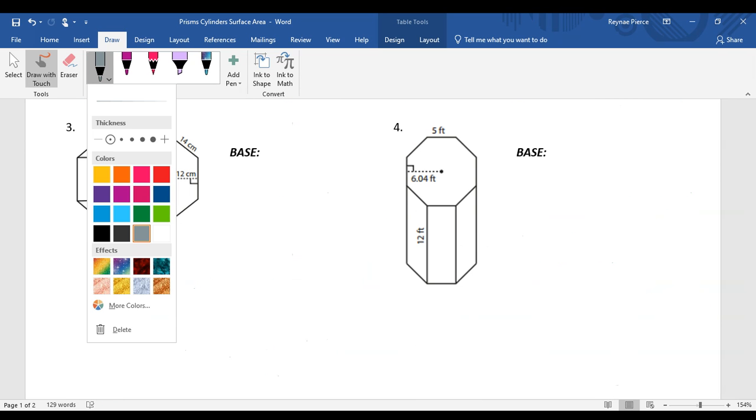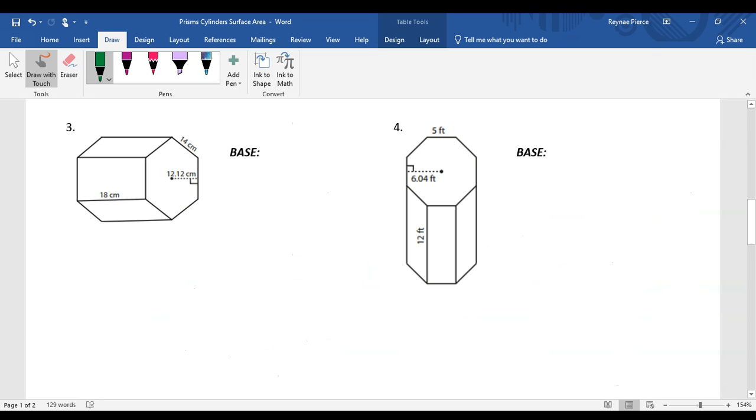Next one, we have our base here is this right side. It is a 6-sided polygon. 6-sided polygon is a hexagon, so we would call this a hexagonal prism. Okay. This helps me determine how to find capital B. To find the area of a regular polygon, we use 1/2 ASN.